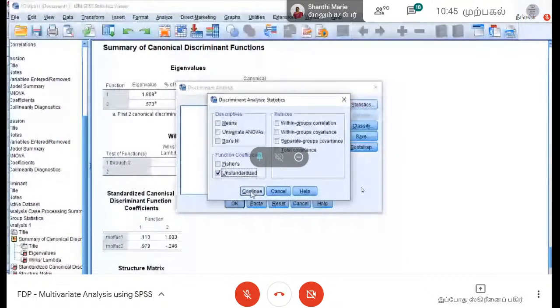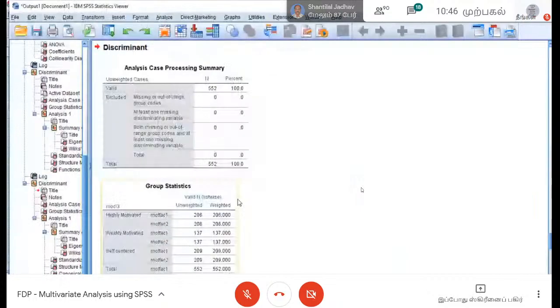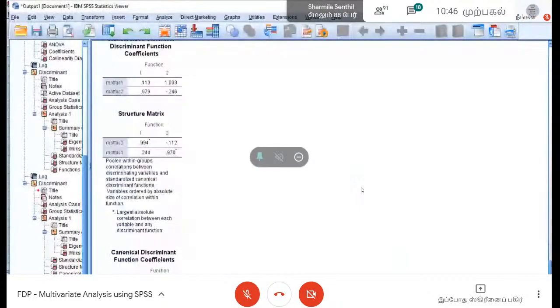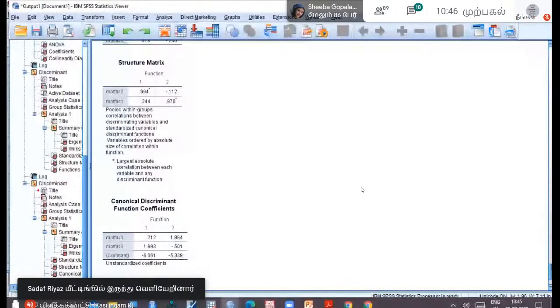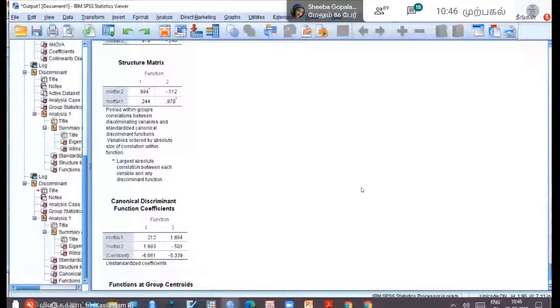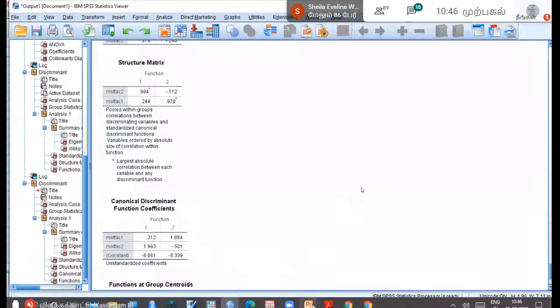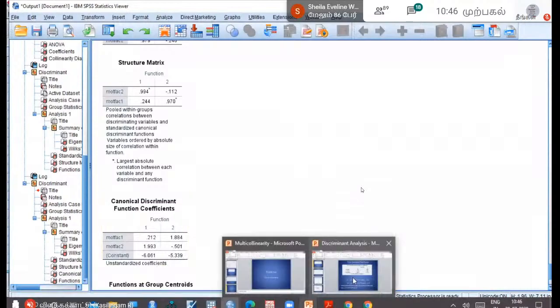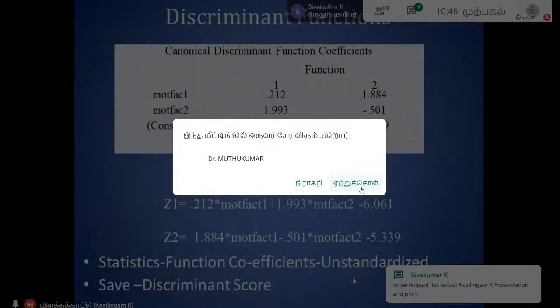If I click that, I will get the unstandardized canonical coefficients. This is the small output I have. Let me take it to the PPT and I will tell you what it is. So this is my unstandardized coefficient.